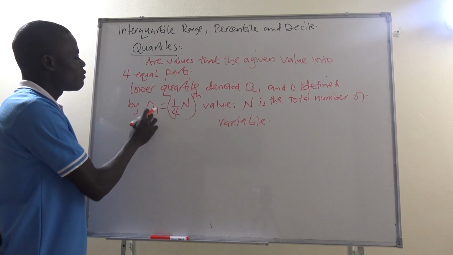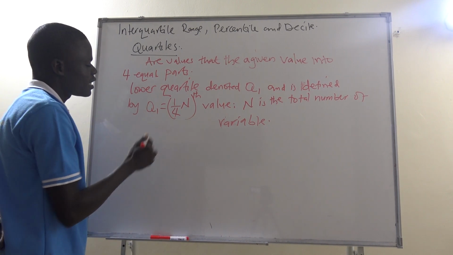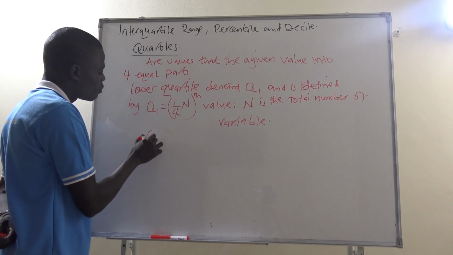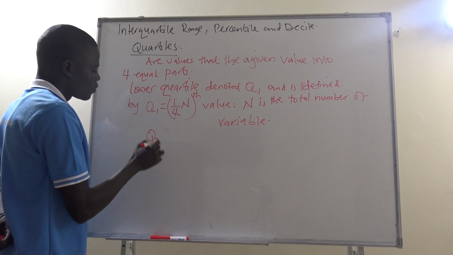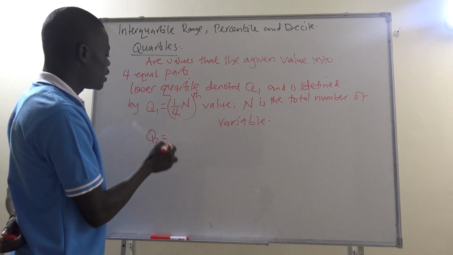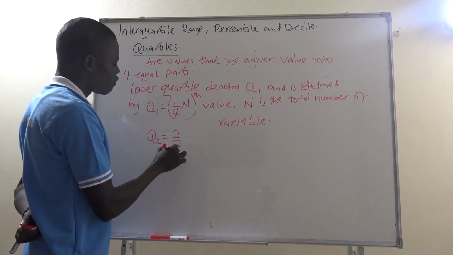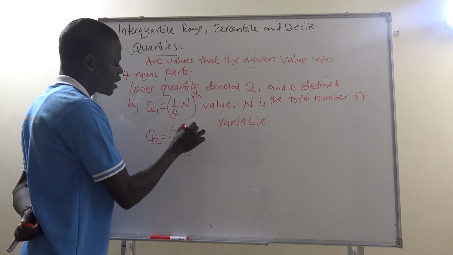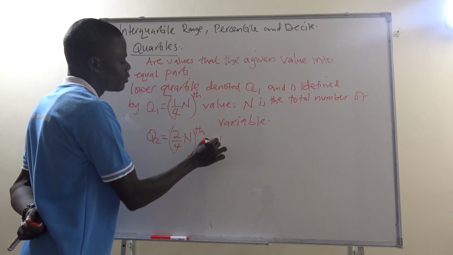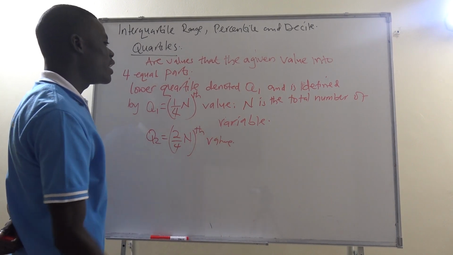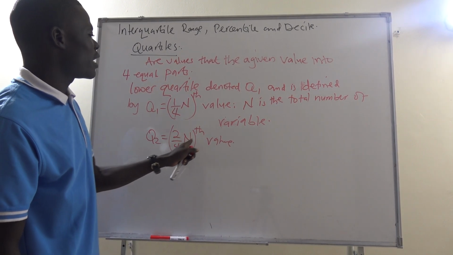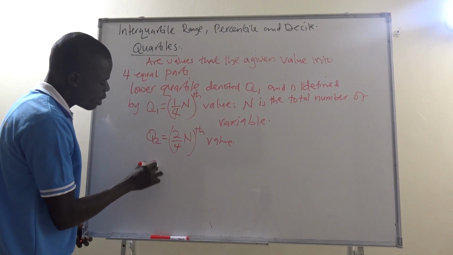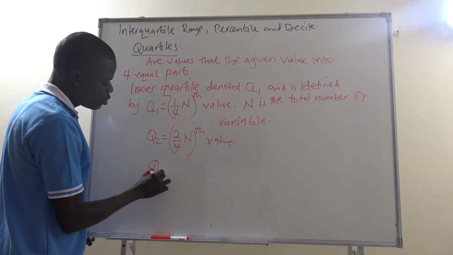So after getting the first one, obviously we shall have the middle part, which is Q2, and Q2 will be 2 out of 4 of n's value. Still n is the total number of variables. Then we shall have the upper part, which is Q3.